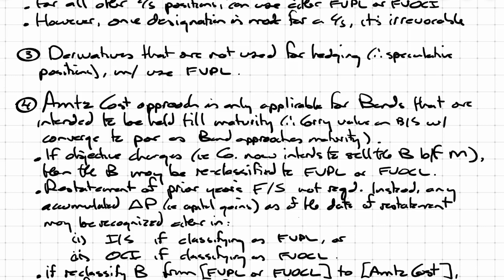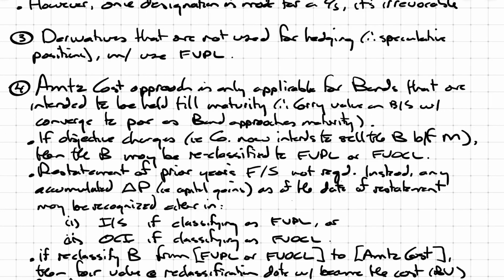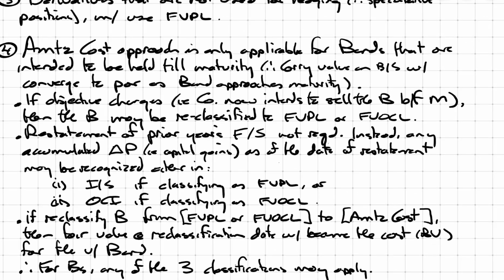Okay. Now, if the objective changes, in other words, the company now intends to sell the bond before maturity, then the bond may be reclassified into a fair value designation, either P&L or OCI. Now, when this redesignation occurs, so when you say, okay, I'm shifting this bond from amortized to fair value, restatement of prior years' financial statements is not required.